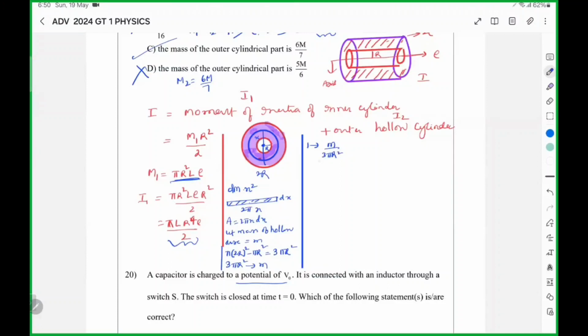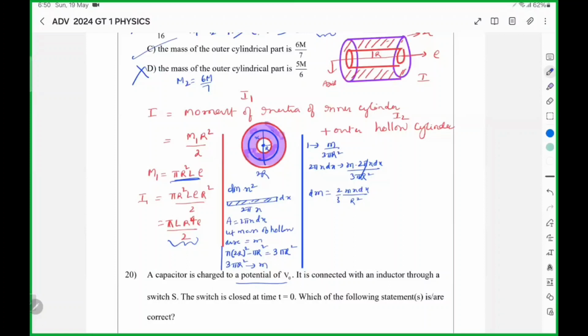But for this ring, 2 pi x dx, mass will be M into 2 pi x dx by 3 pi r square. So the dm is 2/3 M x dx by r square. So this is mass of elementary ring.